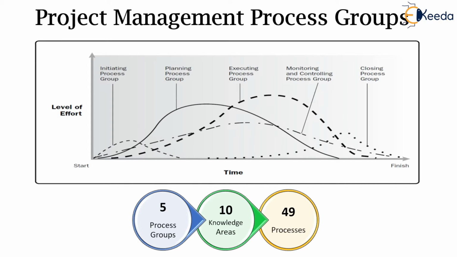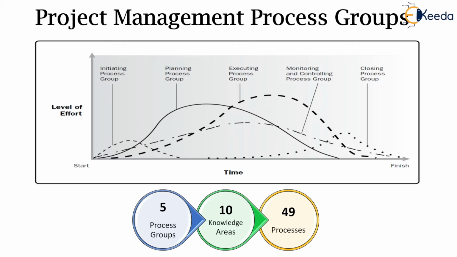This interaction is further elaborated through the level of effort versus time curve in PMBOK. As you can see, the first process is the initiating process group, which starts from the initial time and will end after some time. The planning process can simultaneously start after the initiating processes and continues for a major portion, just before the executing process group ends.